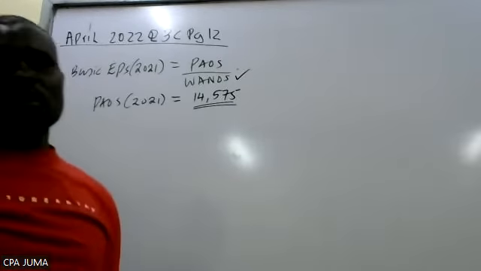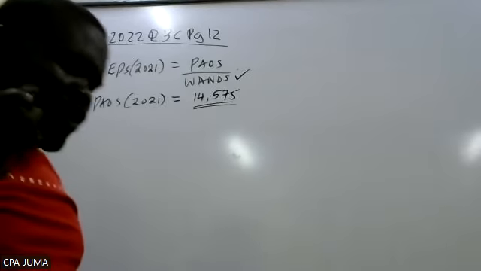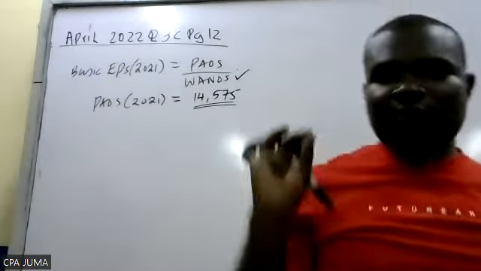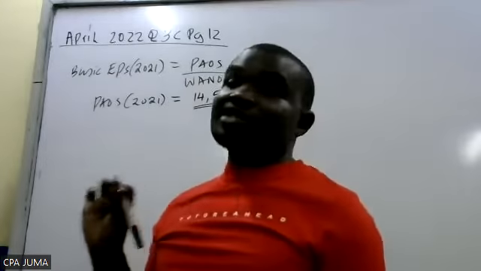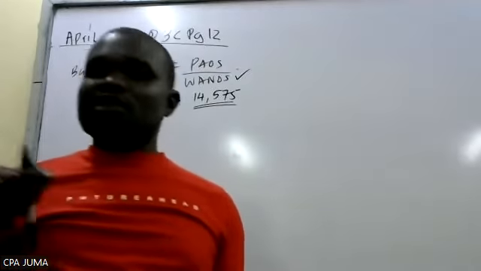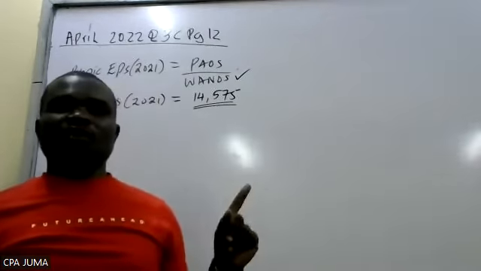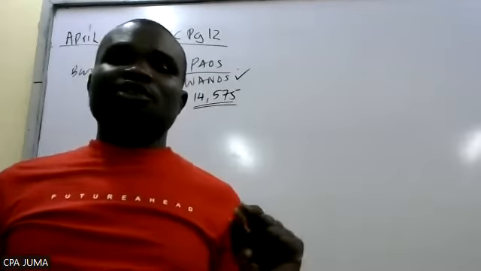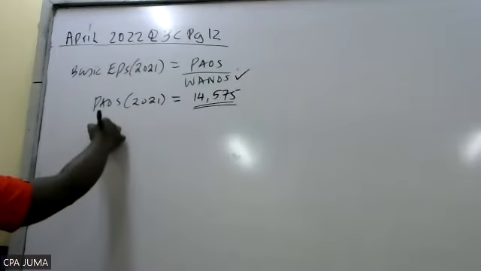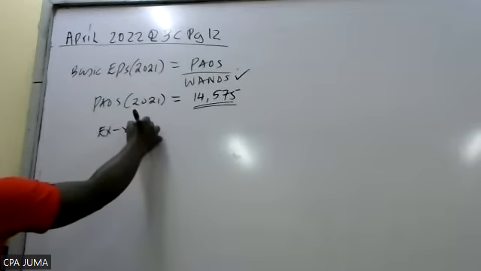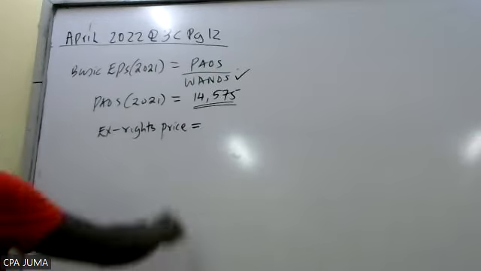But in this year, there was a rights issue. When you see a rights issue, thinking begins after you have calculated the ex-rights price. That one always has a mark. So you must calculate the ex-rights price first. Whenever you see a rights issue, the ex-rights price comes first. So let's calculate it.